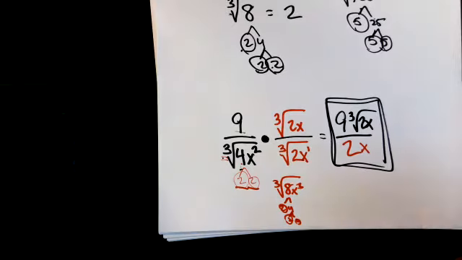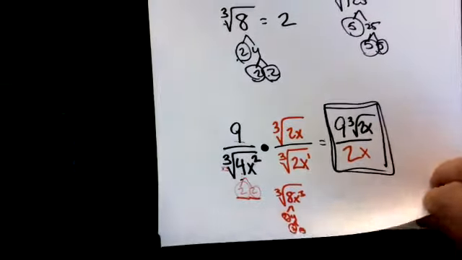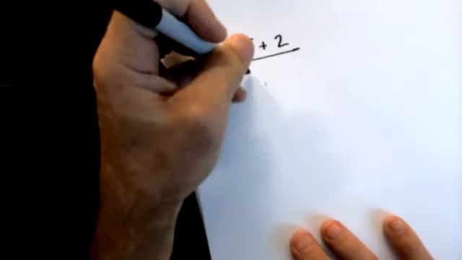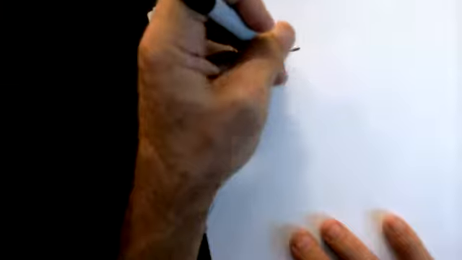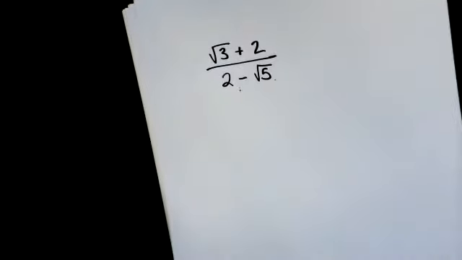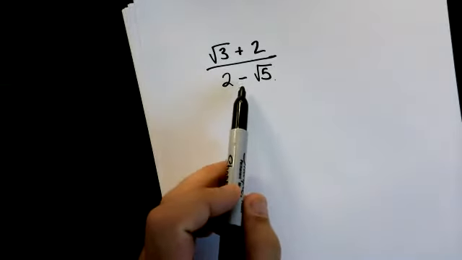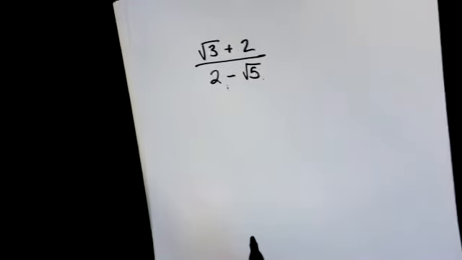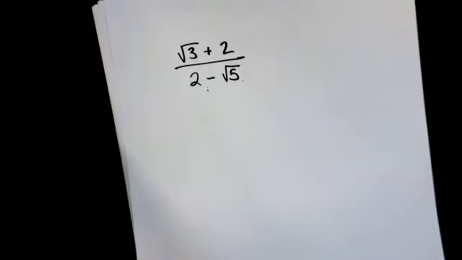All right, last but not least with rationalization is if they give you something where you're adding or subtracting on the bottom, if you see a plus or a minus down here with a radical, we've got to do the same thing we did with the imaginary numbers.